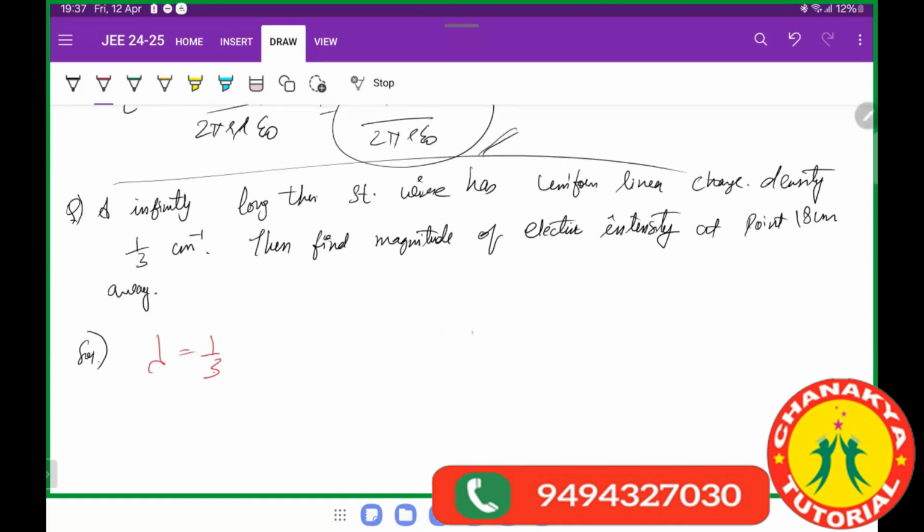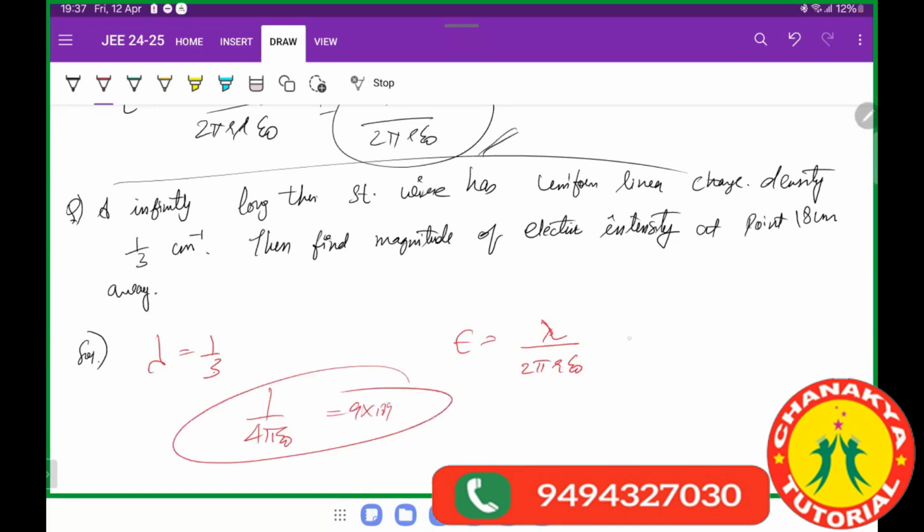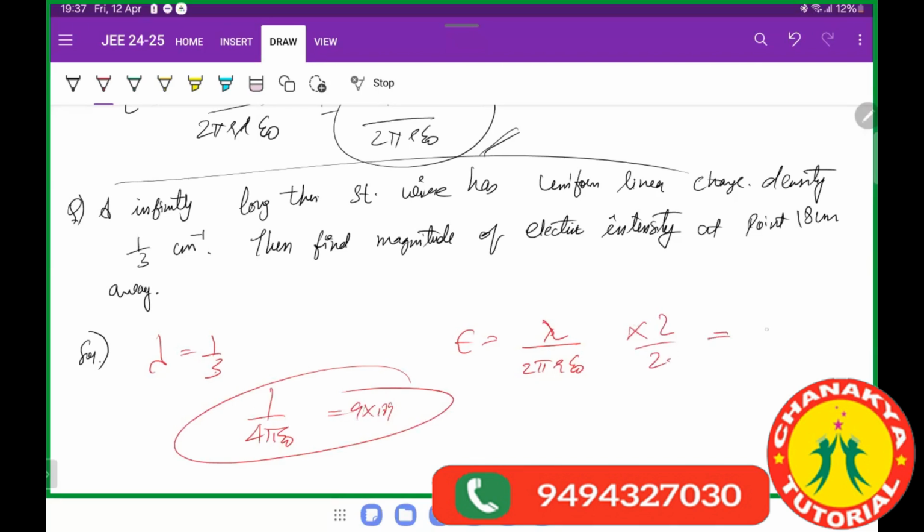Just now we wrote the formula, same formula. E equals to lambda by 2 pi r epsilon naught. We know that 1/4 pi epsilon naught is 9 into 10 to the power 9. So what we can do? Multiply and divide by 2. So lambda is 1/3 into 2 into 9 into 10 to the power 9 divided by r. r is what? 18 into 10 to the power minus 2.